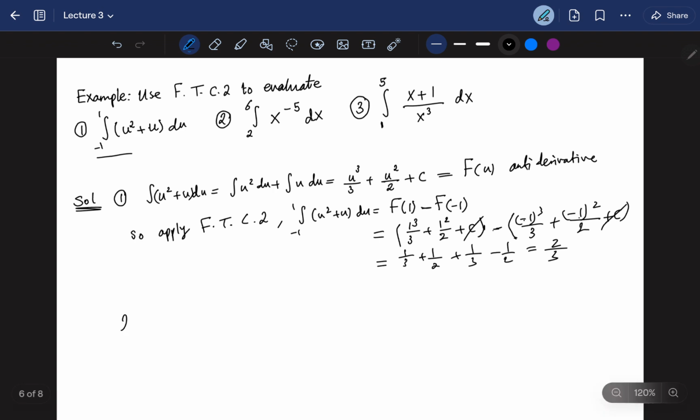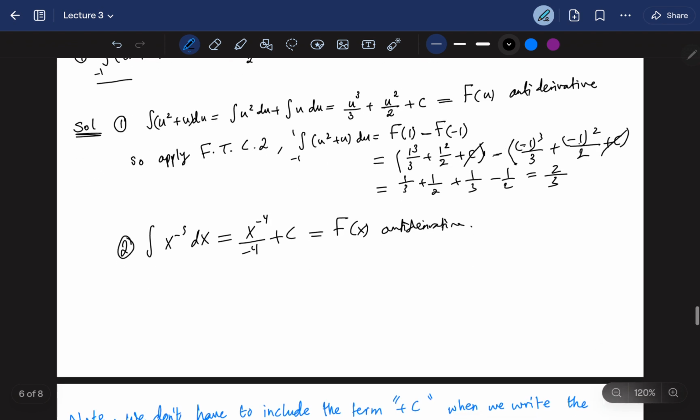Similarly, for the second example, I want to find the indefinite integral of x to the negative 5 dx. So this is my antiderivative. Once you apply the power rule, you add 1, you divide by the new power, plus c, and this is my F of x, which is the antiderivative.